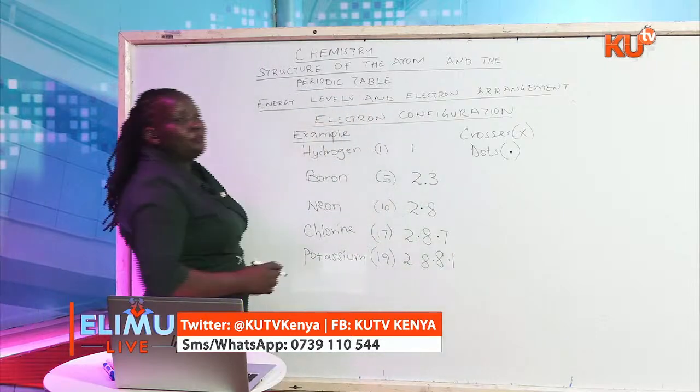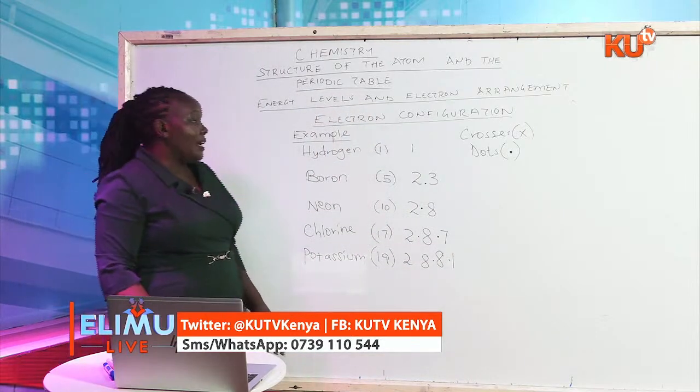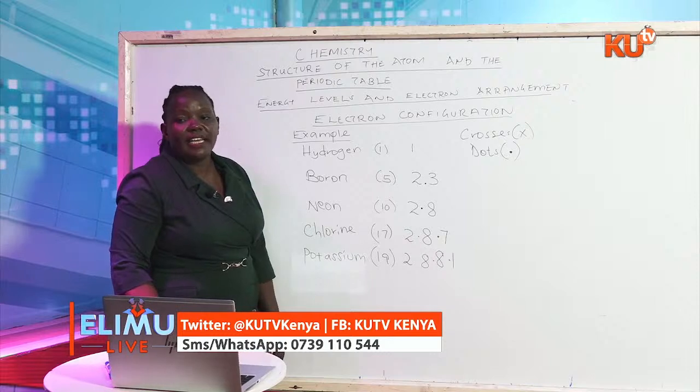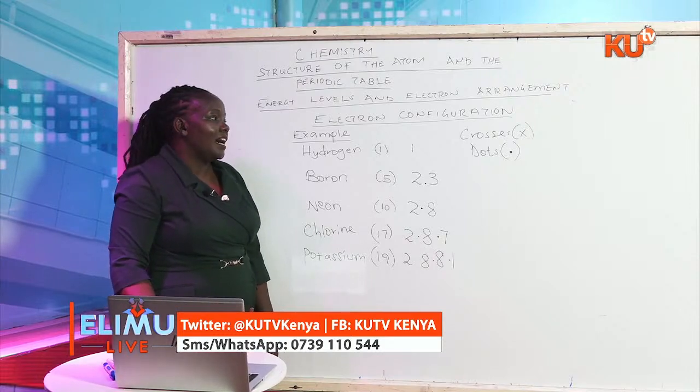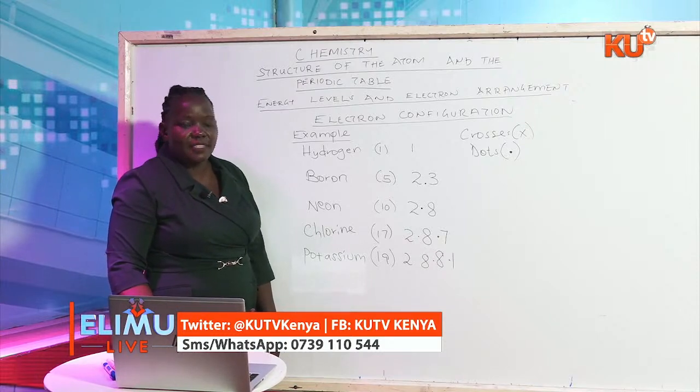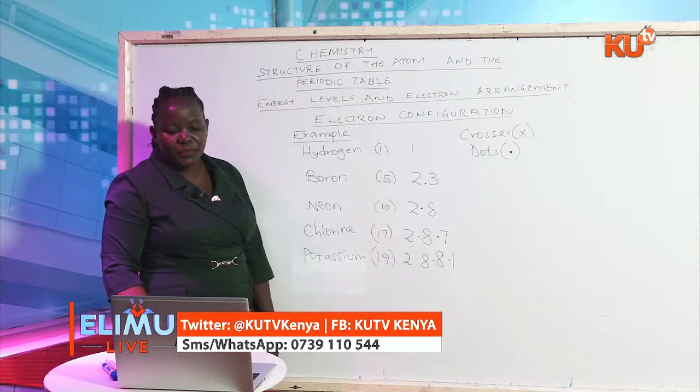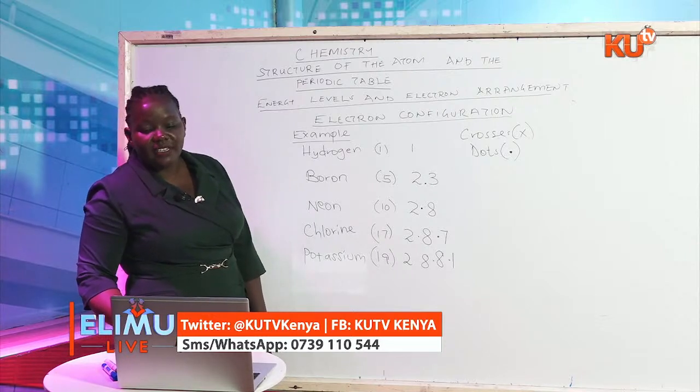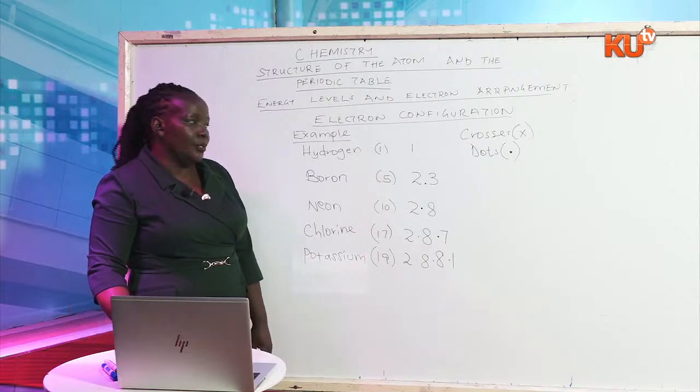So we can represent electrons using a diagram, and electrons will be represented either using crosses or dots.